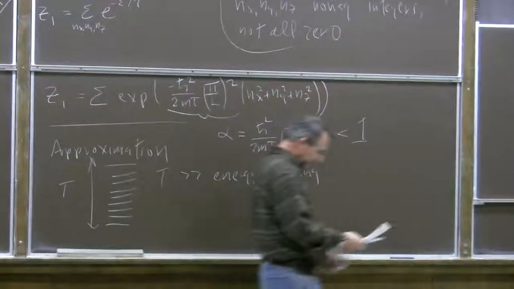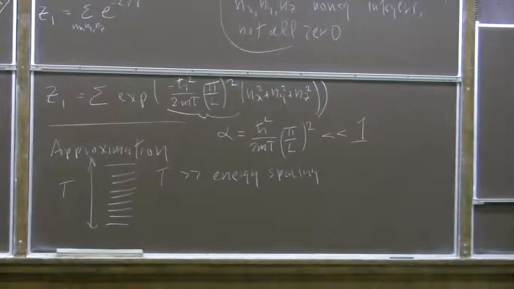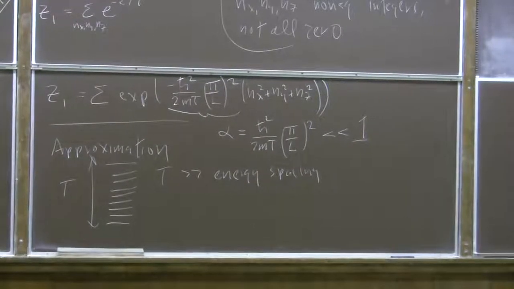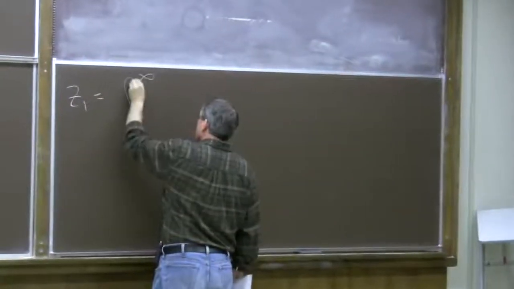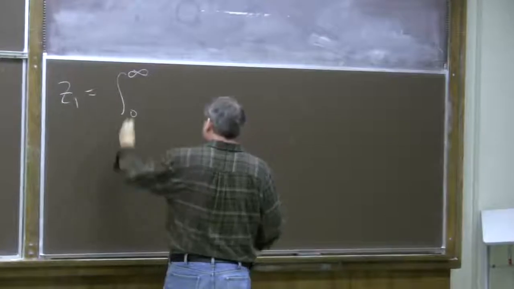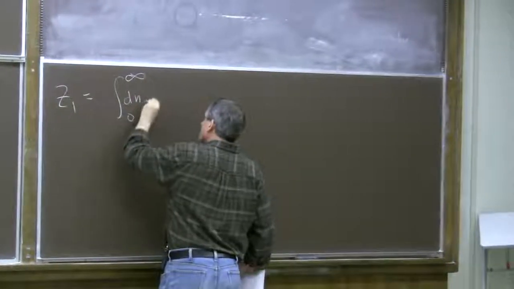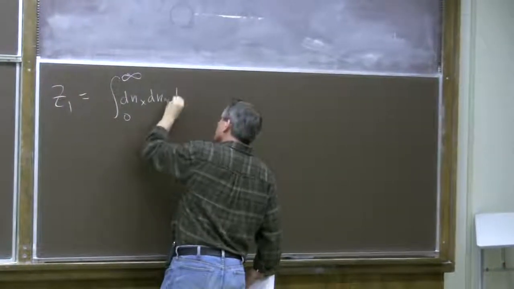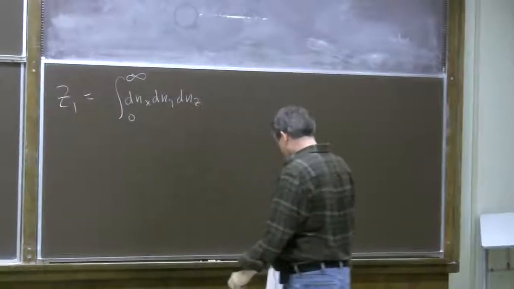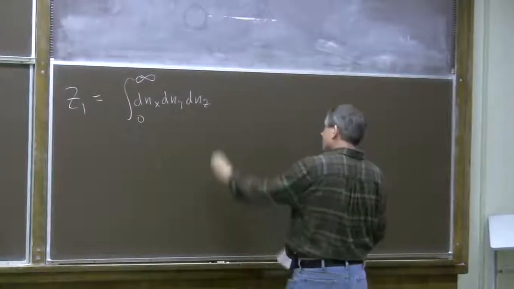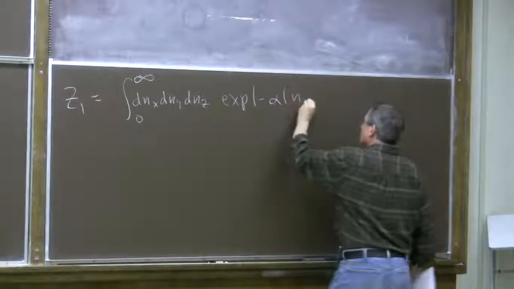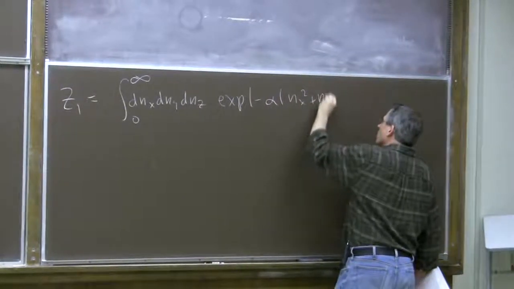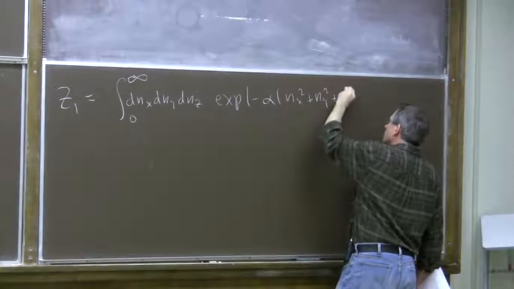So in our leading approximation for alpha small, I can write Z_1 as an integral from 0 to infinity for each one of the three numbers, n_x, n_y, and n_z, of the exponential of minus alpha times n_x squared plus n_y squared plus n_z squared.